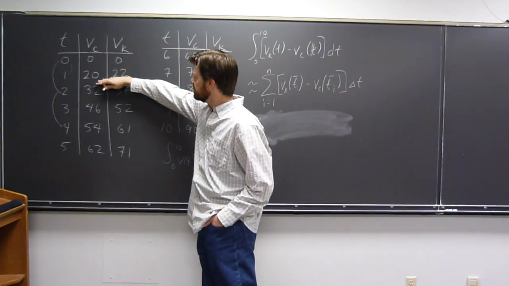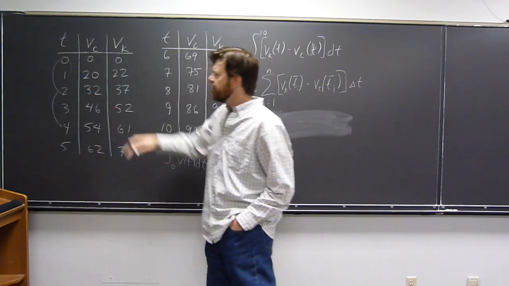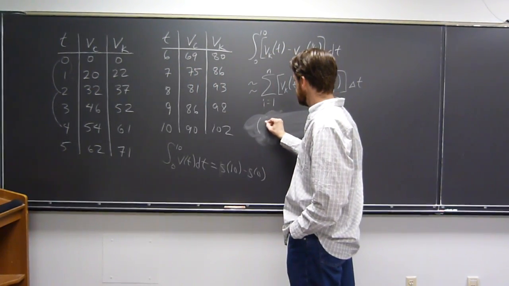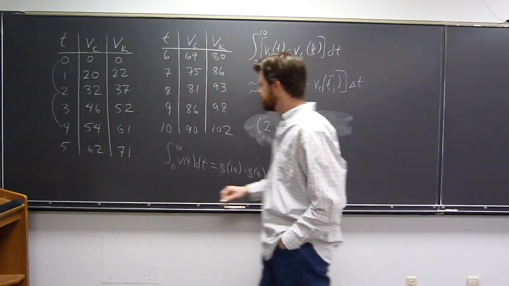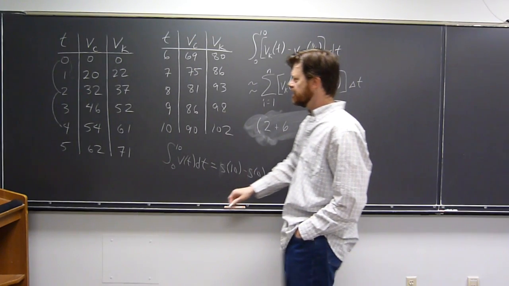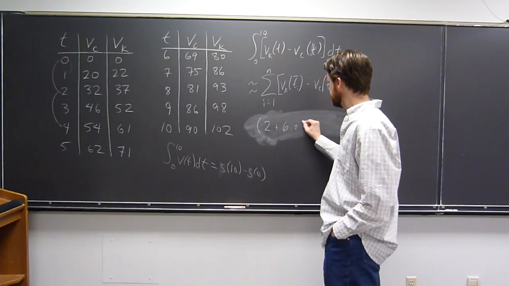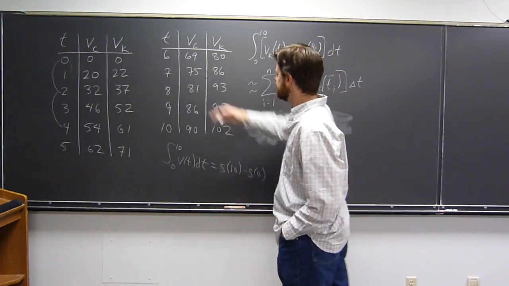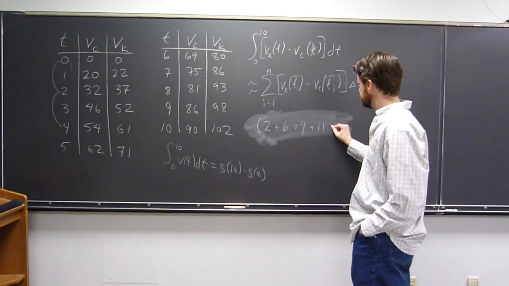At 1 second, Kelly is traveling 2 feet per second faster than Chris. So that's 2. At 3 seconds, the difference is 6, 52 minus 46. At 5 seconds, 71 minus 62 gives us 9. At 7 seconds, 11. And at 9 seconds, 12.